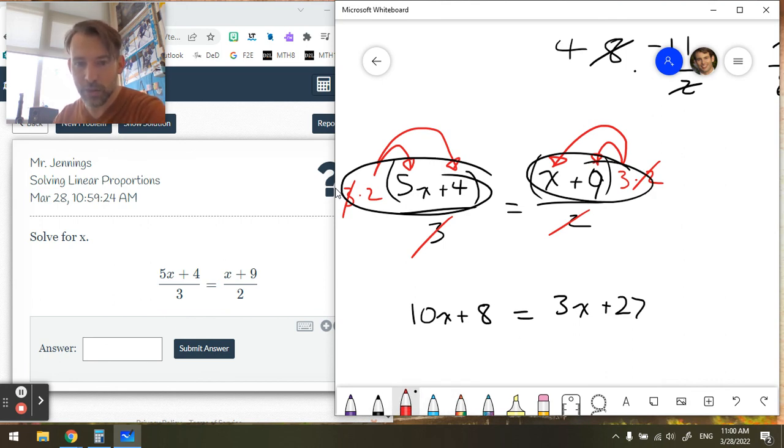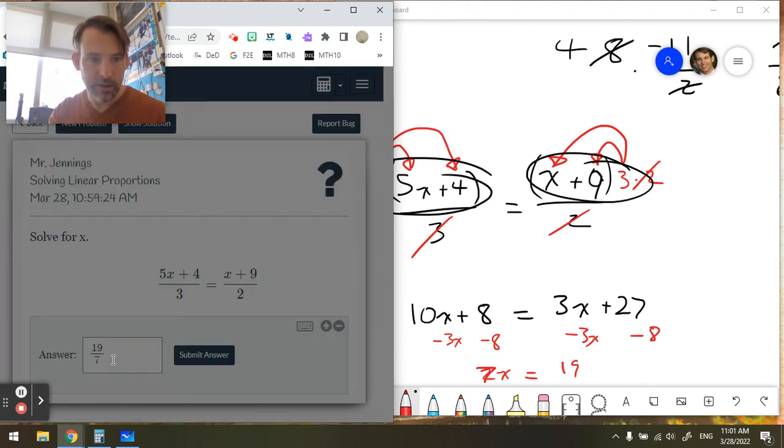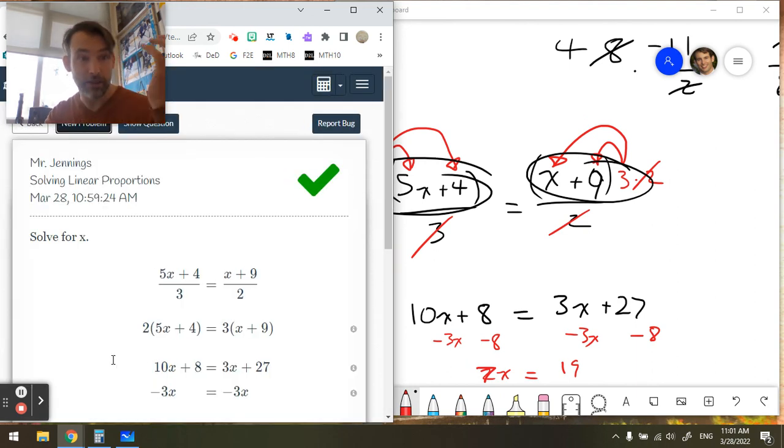Then you subtract 3x from both sides and subtract 8 from both sides to get 7x equals 19. Oh, I thought I was going to get something nice. Maybe I've made an error somewhere. So x is 19 over 7. Let's try it, see if I've made a mistake somewhere. No, I didn't. Okay, so that's how you do those.